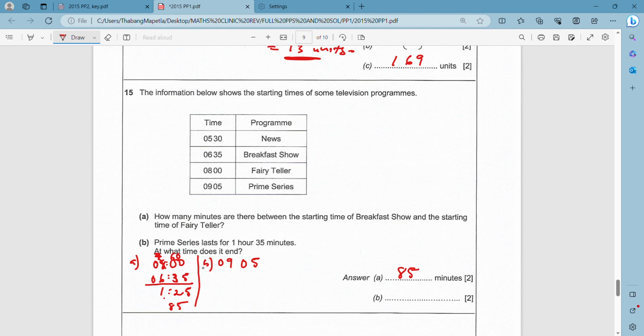It starts at 5 past 9. So we add 1 hour 35 minutes to that. 5 plus 35 is 40, and then 1 plus 9 is 10. So it's going to end at 10:40.